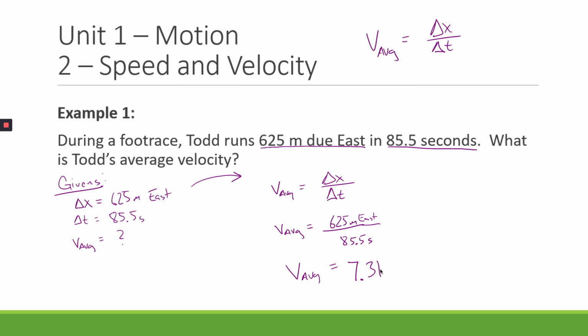I am rounding it for sig fig reasons, which we haven't talked about yet, but we'll talk about later. Now I need a unit. This is meters per second, so that comes with it. Meters per second. I need a direction, east. Not too bad, pretty simple.